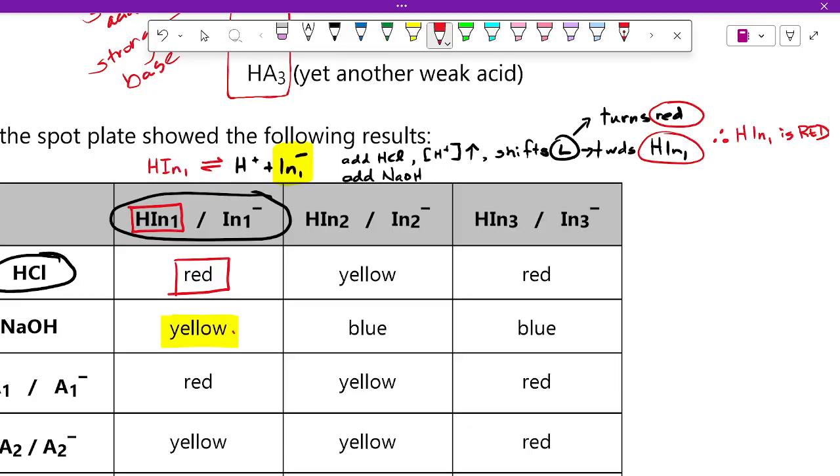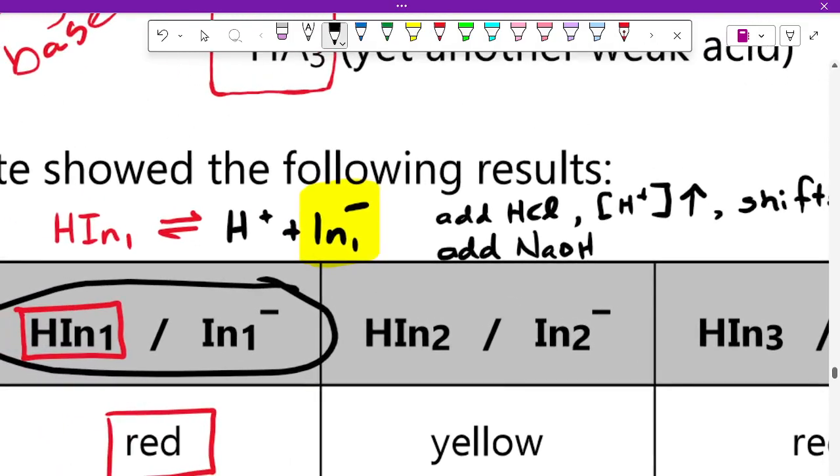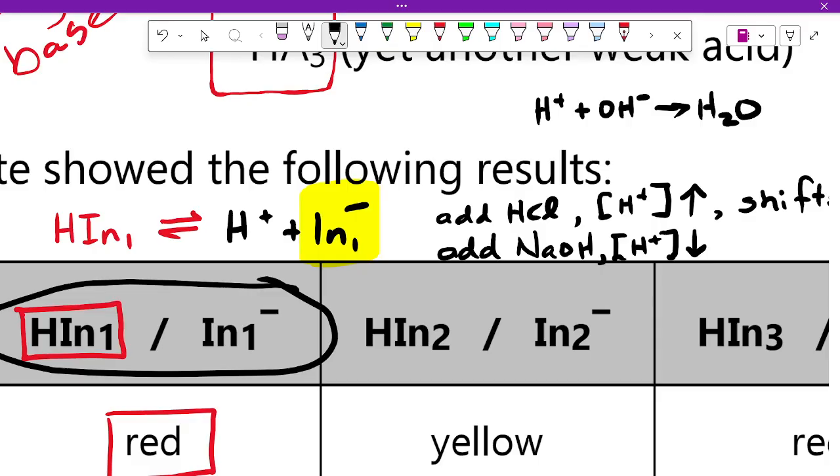So if we add NaOH, the concentration of hydrogen in this equilibrium does what? Does it increase or decrease when we add OH? Hydrogen decreases, because H plus reacts with OH minus, producing water, which means that we have less of this.